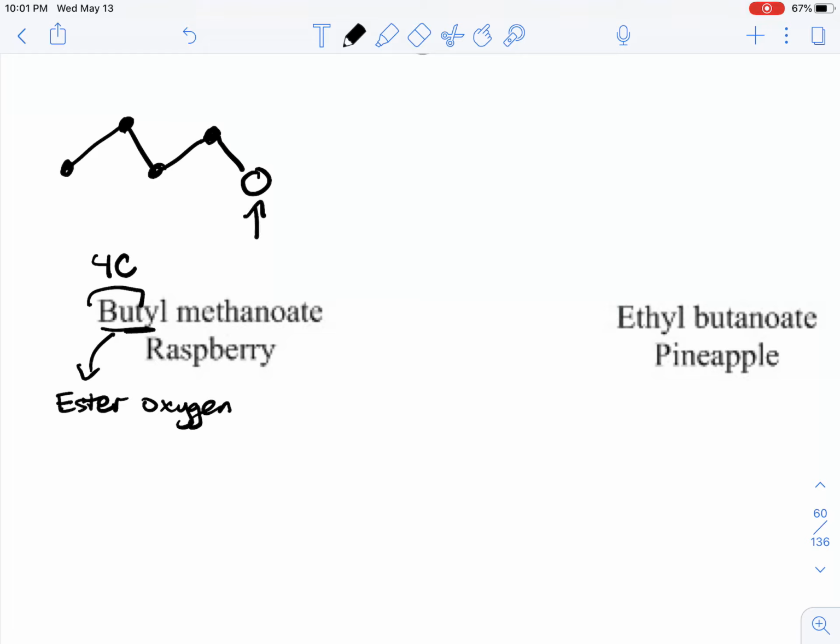And so now that I've drawn the butyl side of my ester, I need to draw the carboxylic side of the ester. I know that this ester oxygen is going to be connected to this carbonyl group.